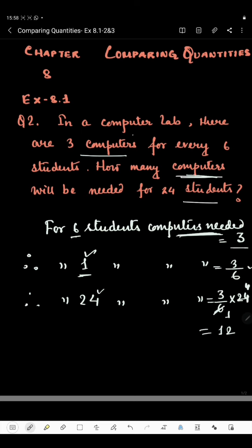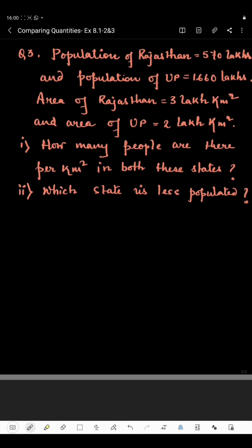Now coming to question number 3. Question number 3 says the population of Rajasthan is 570 lakhs and the population of UP is 1660 lakhs. And the area of Rajasthan is 3 lakh kilometer square and the area of UP is 2 lakh kilometer square.